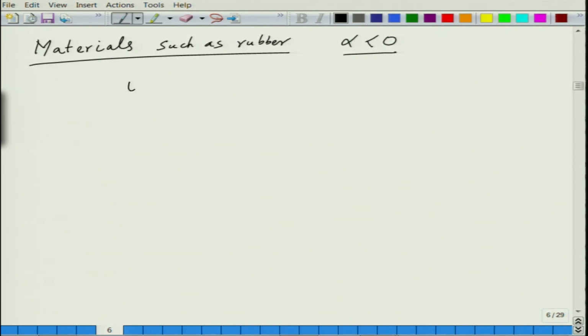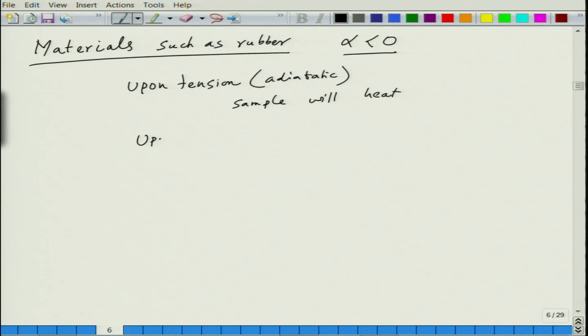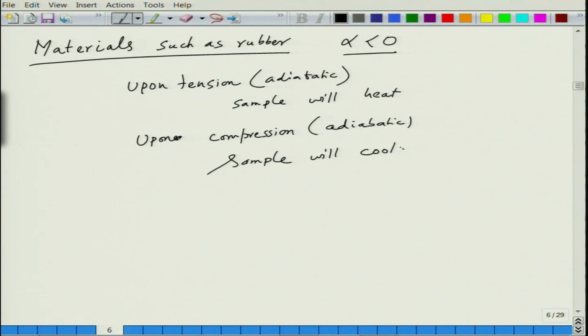Which means upon tension in adiabatic conditions, the sample will heat, and upon adiabatic compression, the sample will cool, all right.